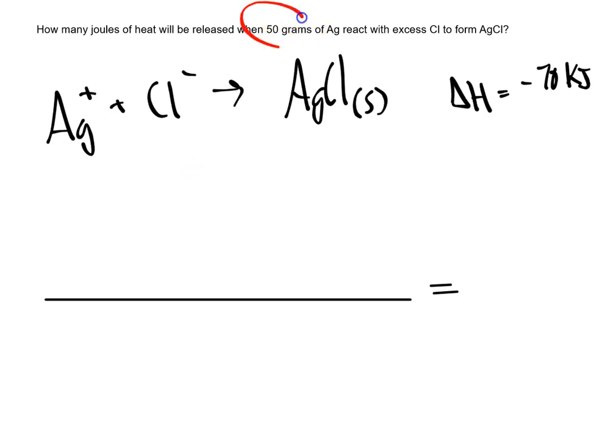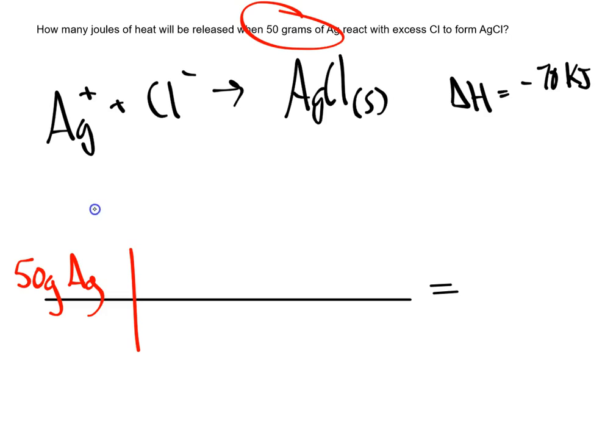You take your given, which is right there, right? Yeah, you will do a ton of conversions. All right, so the thing that you're given is what you always start with, which I gave you 50 grams of Ag.